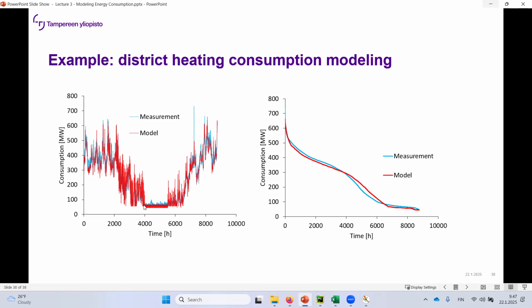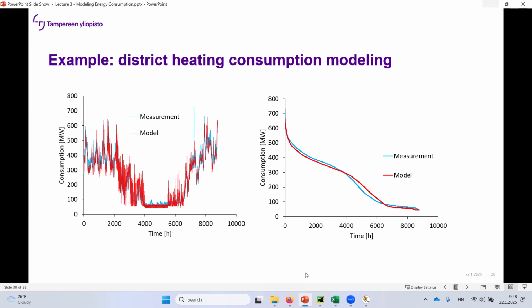In here, what I have said to the model is that between 4,000 and 5,500, I guess, in here, just shut down the outside temperature related heating demand. So that's not needed. It was kind of a forced action to the model. So during this time, there is no building heating. And you can see it doesn't fail in here, but there are some spikes that the model doesn't account for.